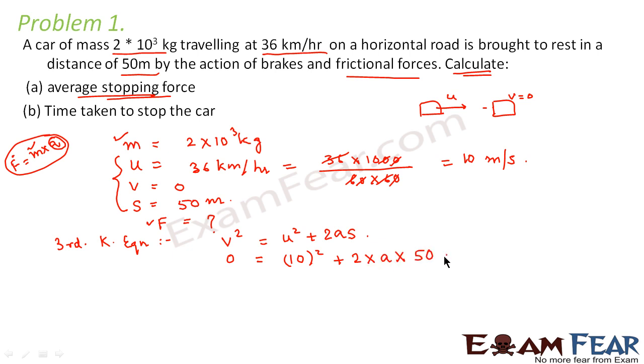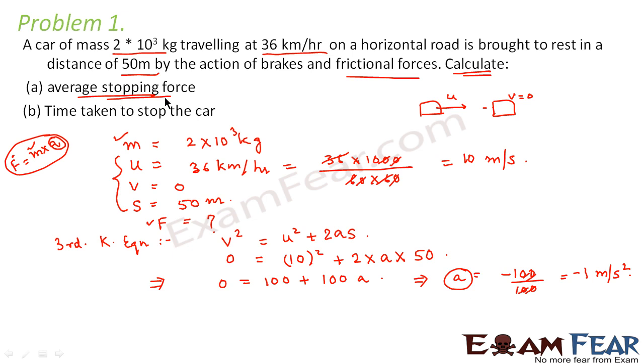S is 50. So from this, you can calculate this as 0 equals 100 plus 100a. So a is equal to minus 100 by 100, which comes out to be minus 1 meter per second square. So this is the value of acceleration. So you found acceleration here.